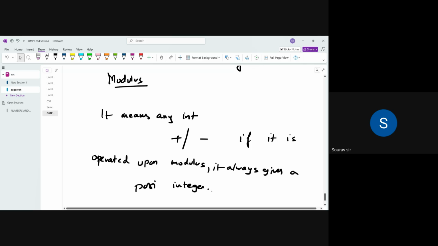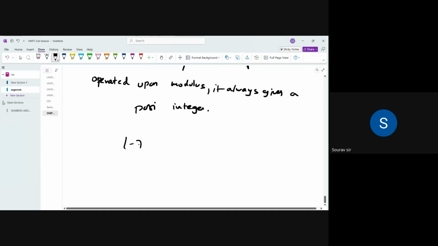What do I mean by that? For example, modulus of minus 7 will be 7 only. We ignore the sign.